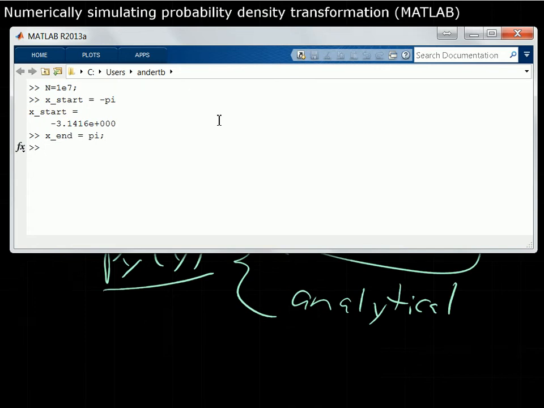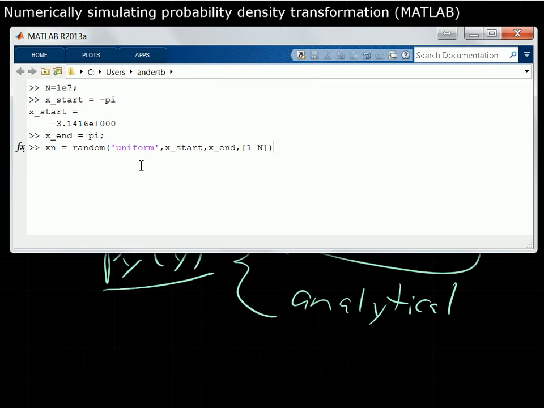So the way we specify or do our actual random draws from x is using the random function. We tell it what density we want to pull, in this case the uniform one. By the way, the subsequent arguments to the random function depend on what you enter for the density. In this case, it wants to know x start, x end, and how many draws to do.